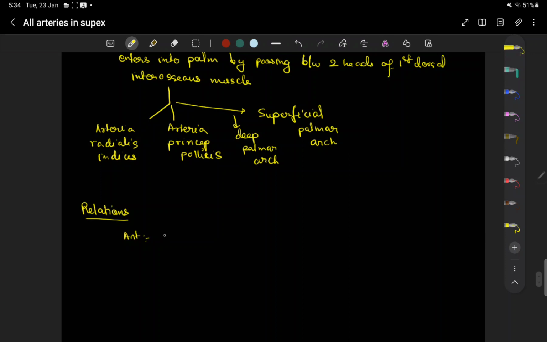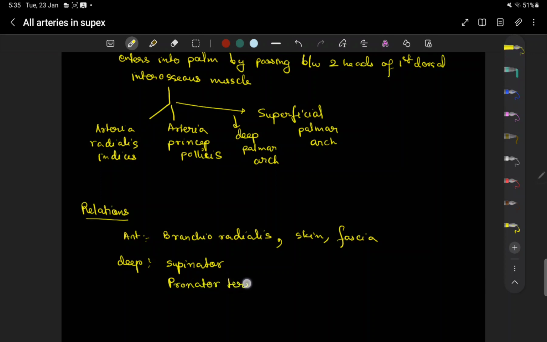So anteriorly brachioradialis, and further we would have the skin and fascia. In the deep portion we will have the supinator muscle as well as the pronator teres muscle. Just remember one or two relations and you are good to go.